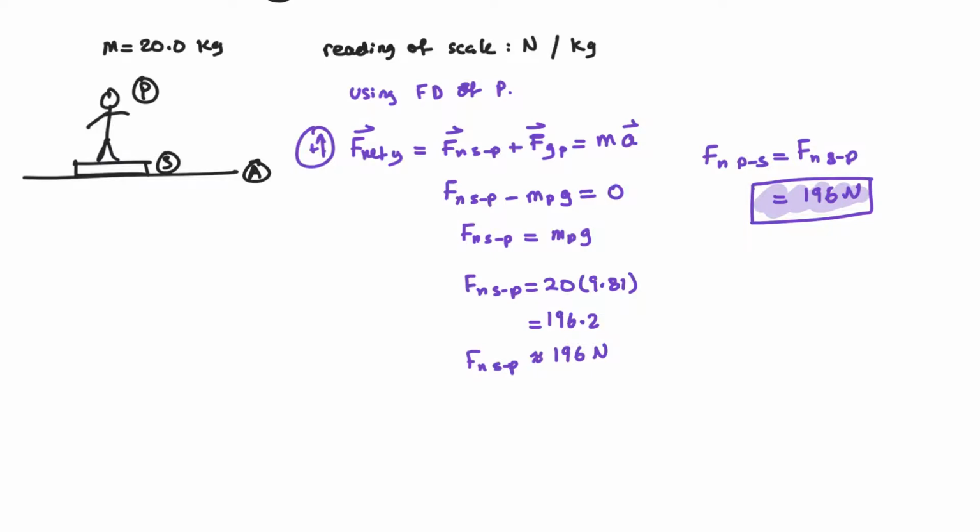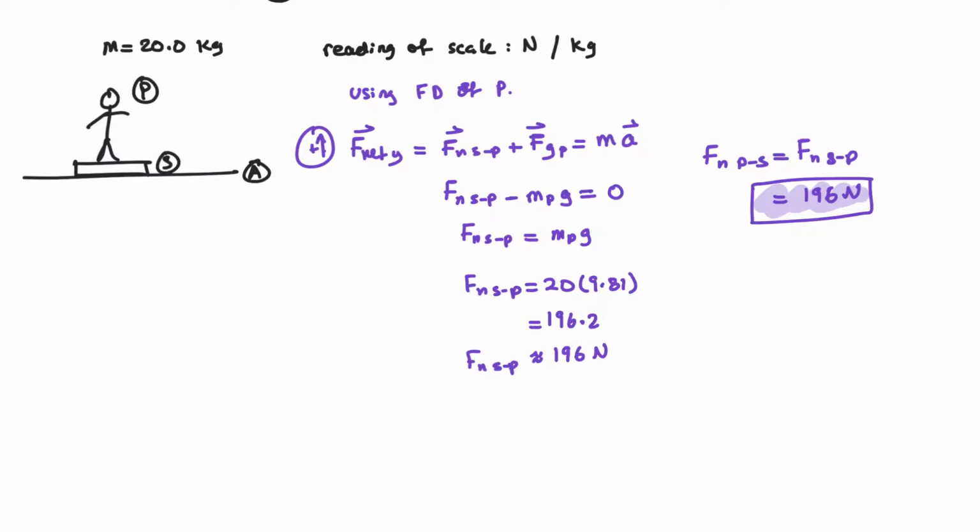Now there's many different types of scales, but the way many of them usually work or used to work is they would have certain springs, and you could actually find a displacement that is caused when somebody comes and stands on it, and that displacement is turned into a force. And that force is usually measured in Newton.